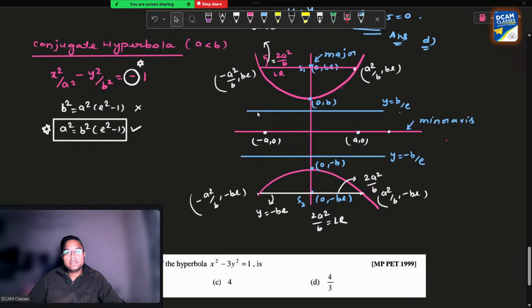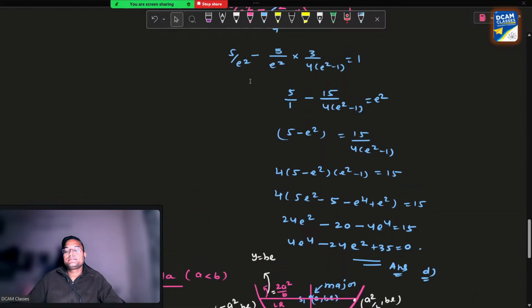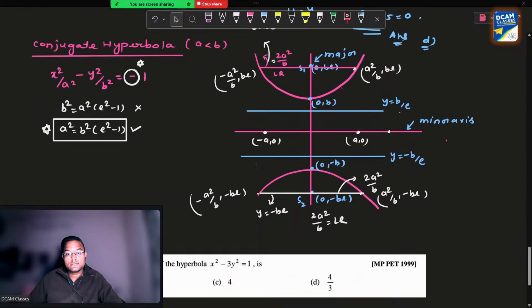Acha, in the last class, I told you about what is a conjugate hyperbola. I have taught you, na? You do not have any doubt, na? Kanishka, tell me. Do you have any doubt in conjugate hyperbola? Do you want me to revise it?